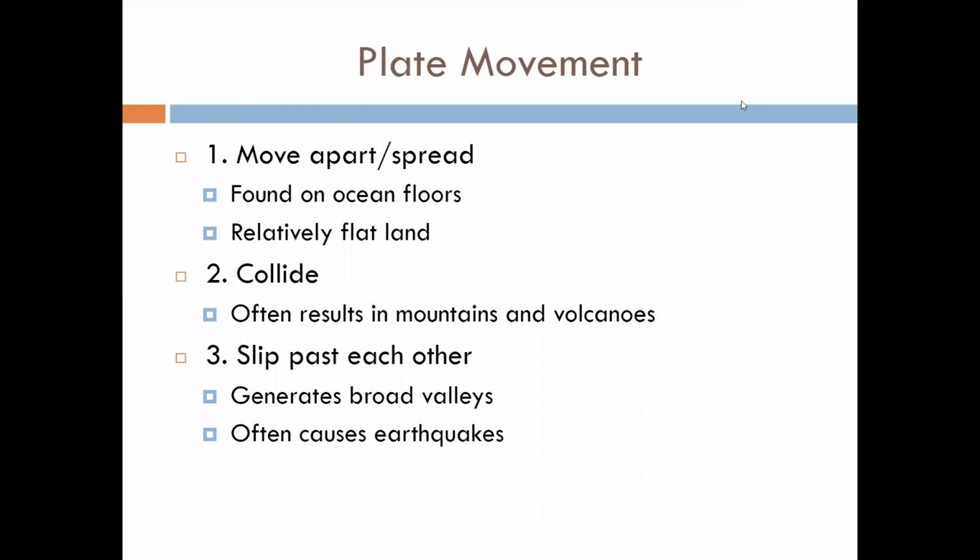So moving on, we're going to look at plate movement. This movement of tectonic plates. The first way that these plates move is moving apart or spreading apart. This is mainly found on ocean floors, relatively flat land. That's where we see that spreading apart.